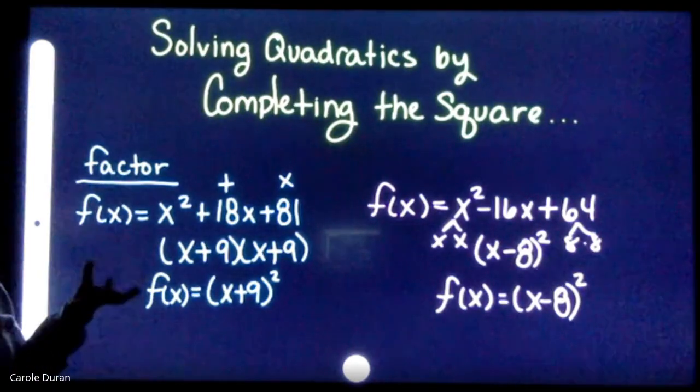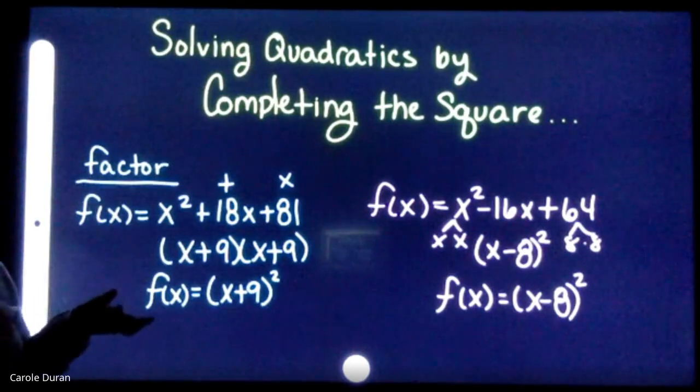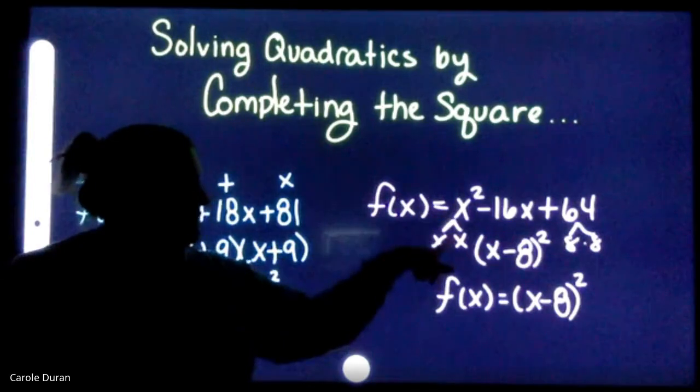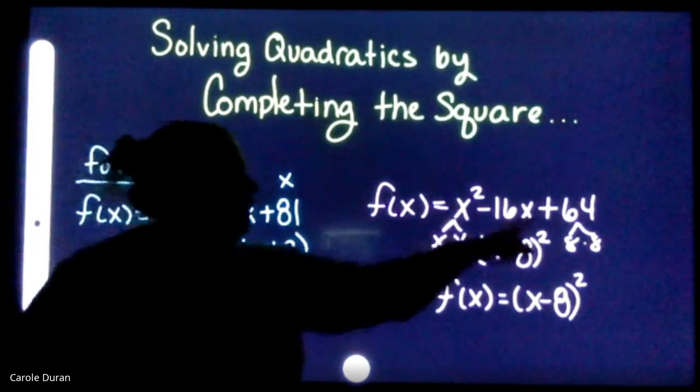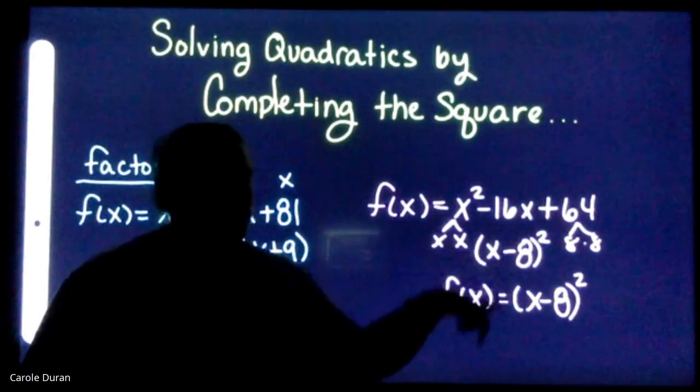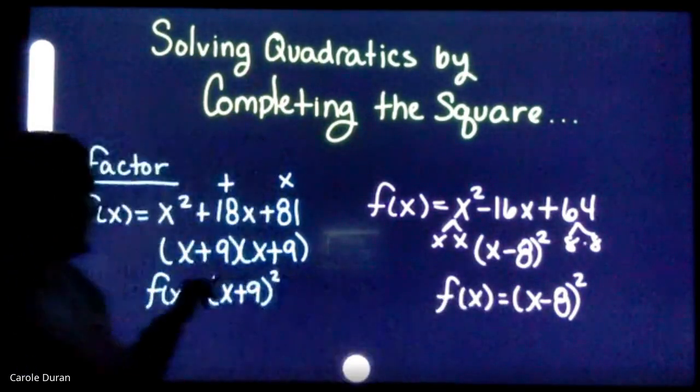So knowing that it's a perfect square trinomial, the numbers that make up my factor are going to be whatever the root is of my first term and whatever the root is of my third term with the sign of my second term. So this one was x minus 8, this one was x plus 9.